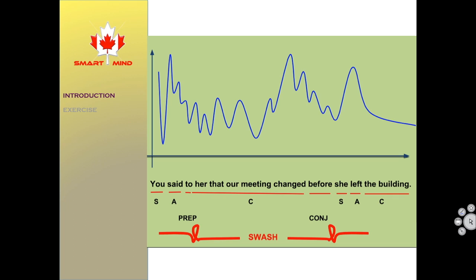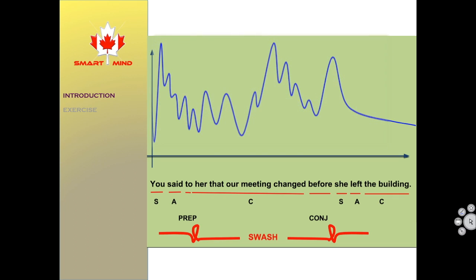In the same phrase, in this other example, we have another rhythm. So I say, you said to her that our meeting changed before she left the building. So in this case, I'm passing over the importance of different words.